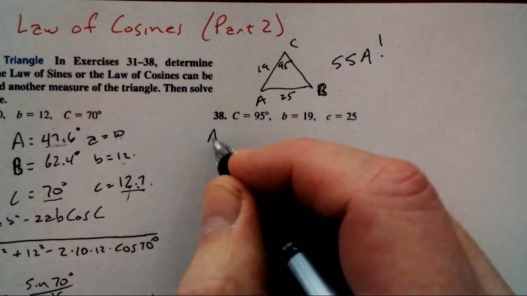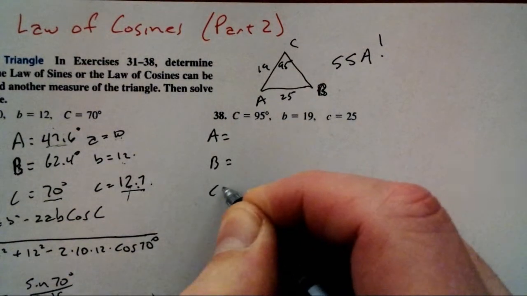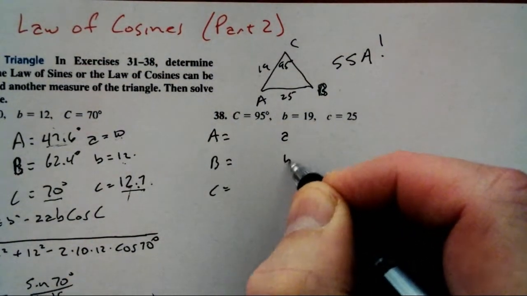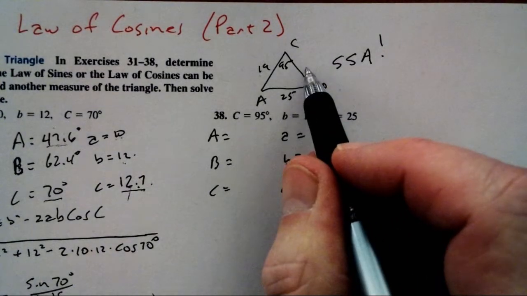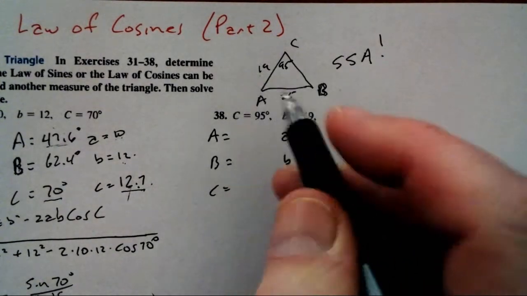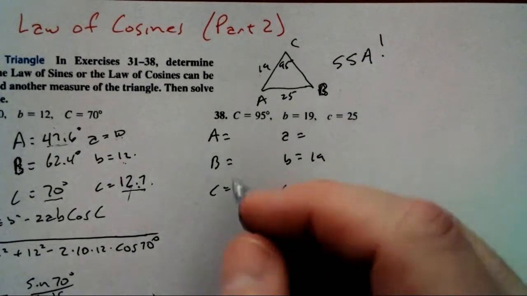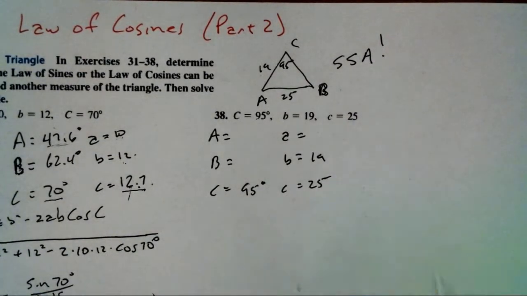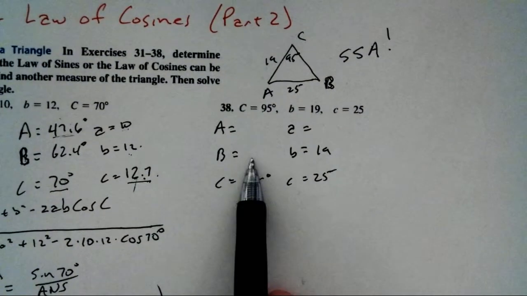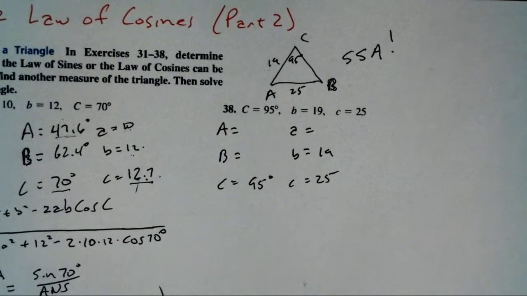So I'm going to go sine A over little a equals sine B over little b equals sine C over little c. And I don't know A or little a. I know side B is 19. I know angle C is 95 degrees. And this is 25. So law of sines, I can find B. The risk would be, might angle B be obtuse?